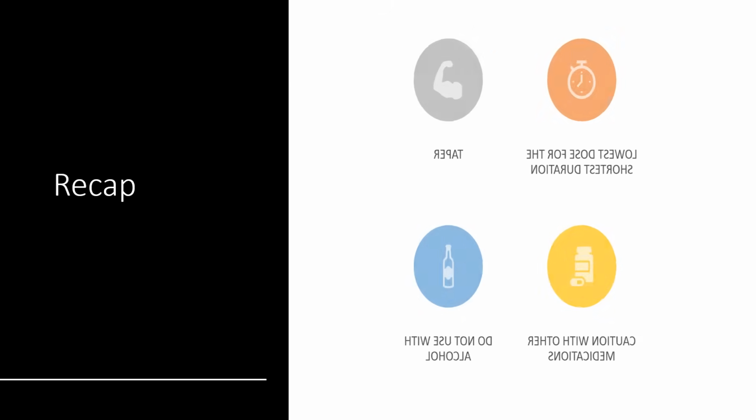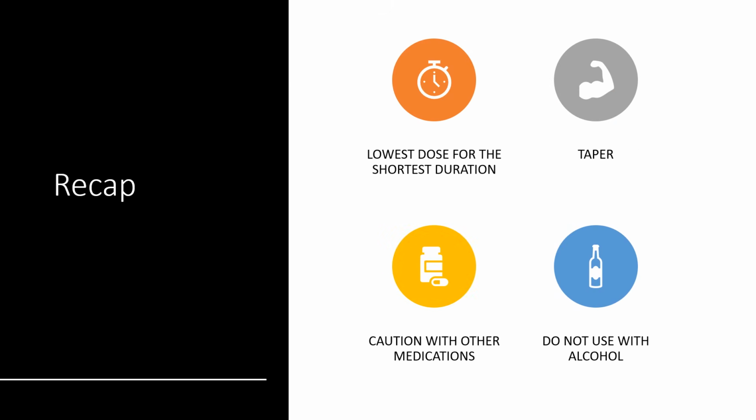So kind of just to recap some of the important nuggets here, with these controlled substances, we always want to use the lowest dose for the shortest duration possible. That's just going to reduce the potential that we're going to become dependent on this medication, because then it's really hard to get off of once you become dependent. Taper, usually the dose needs to be tapered.